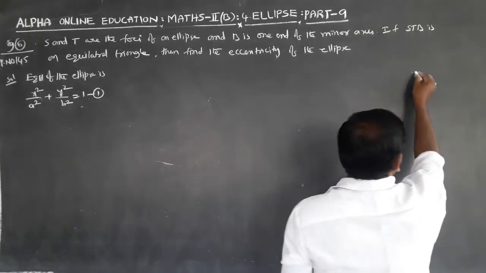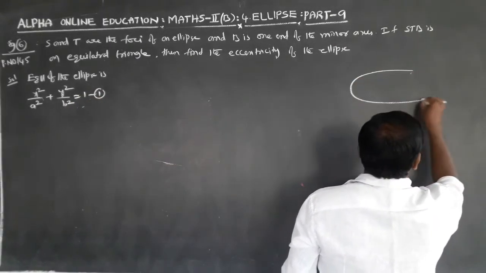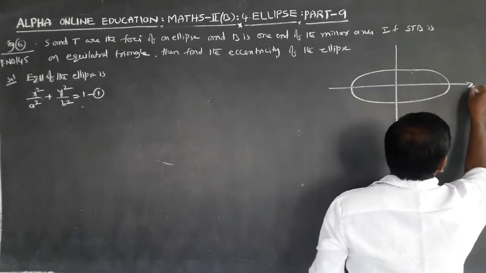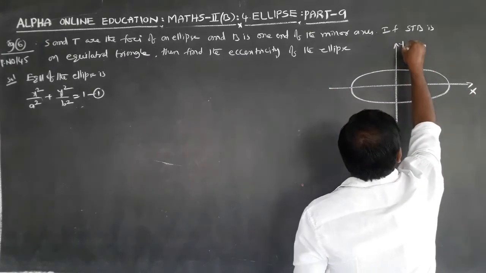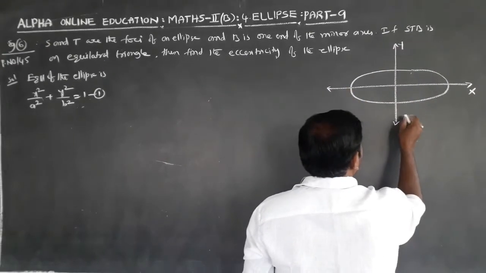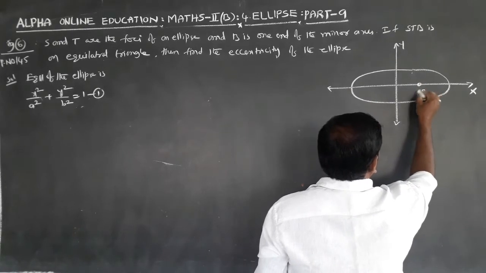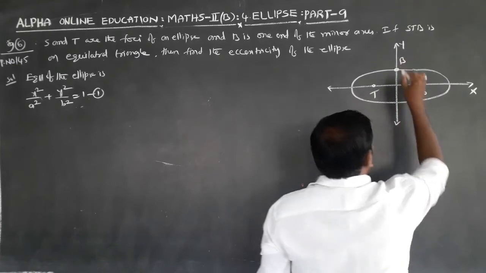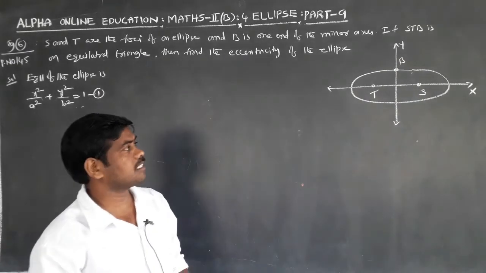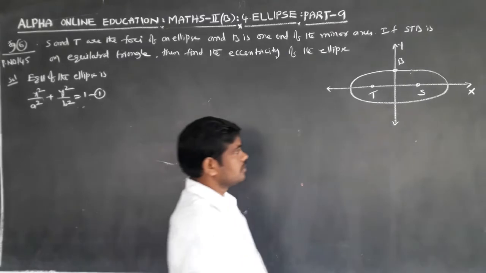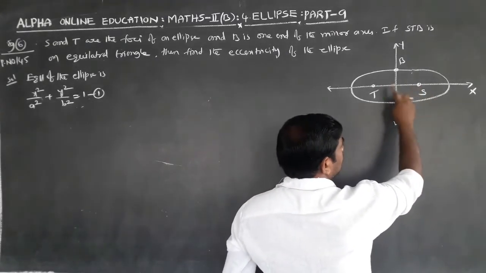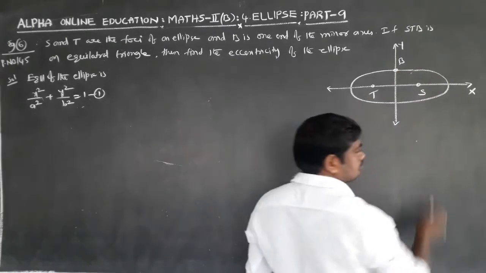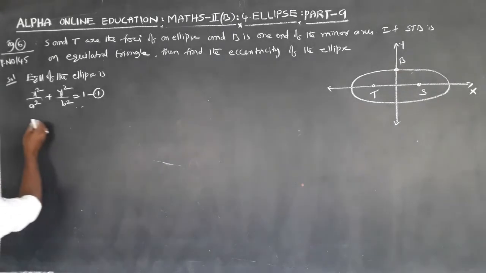Now, first of all, we draw the diagram of the ellipse. This is the x-axis, this is the y-axis, this is the focus S, this is the focus T, and this is B, one end of the minor axis.